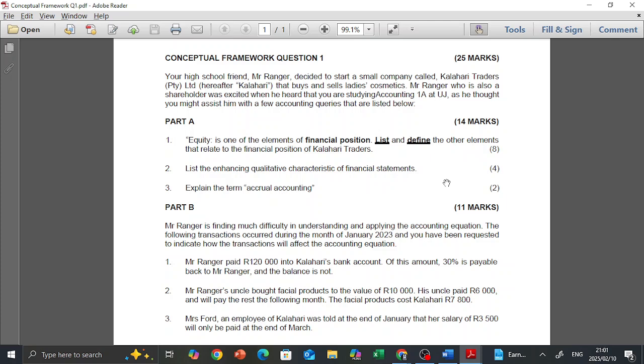Keyword is accrual. These guys like confusing you. That's the problem with UJ. UJ isn't trying to see you succeed. Let me tell you a secret. When students fail, it's a profit, because if you fail, you're repeating a module, paying more money for UJ. UJ rich, you fail. Perfect balance.